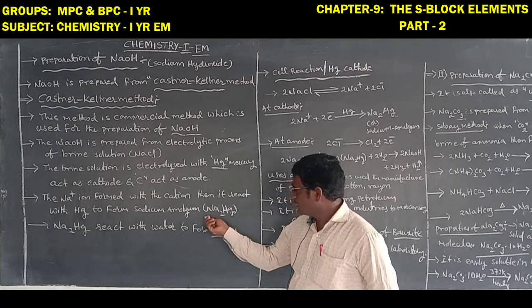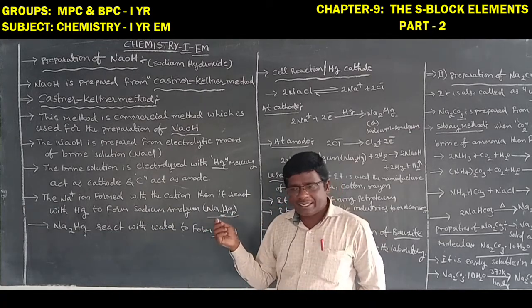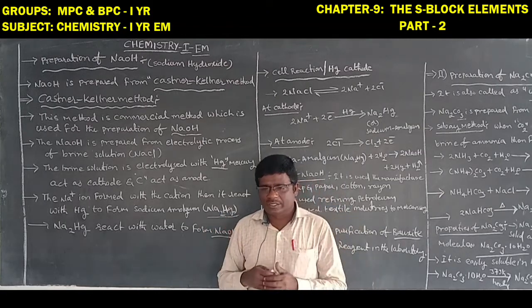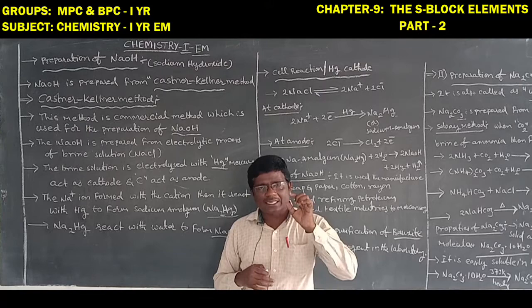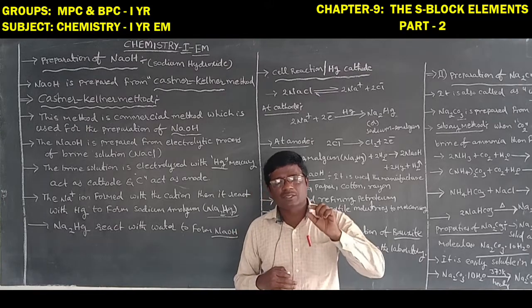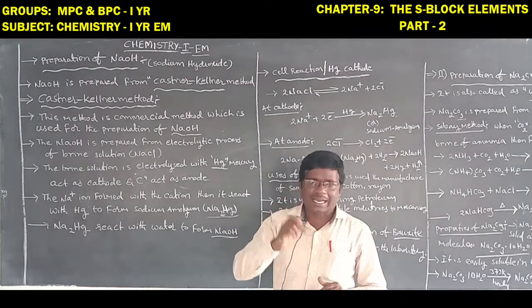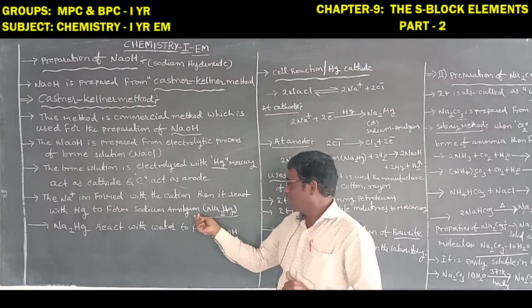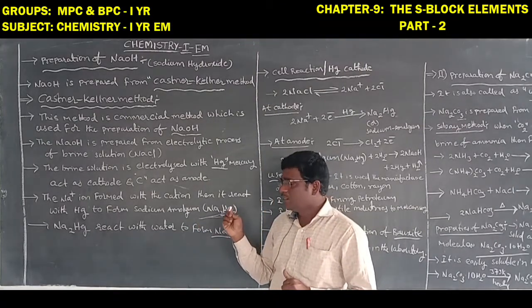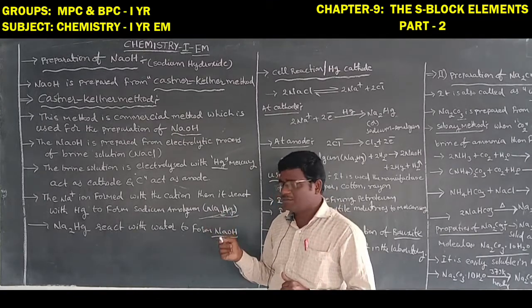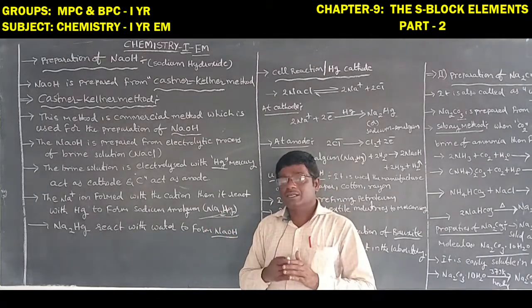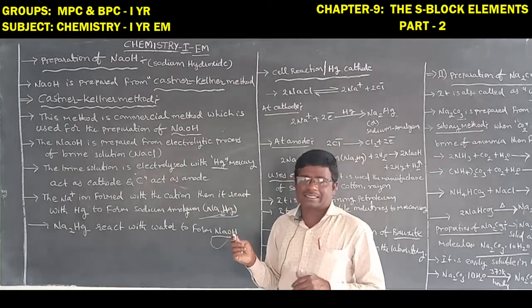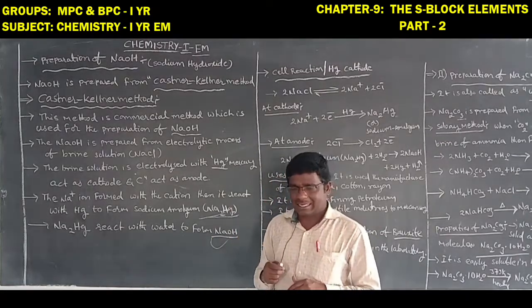The sodium amalgam reacts with water, that is, it undergoes hydrolysis to form sodium hydroxide. That is the Castner-Kellner method.